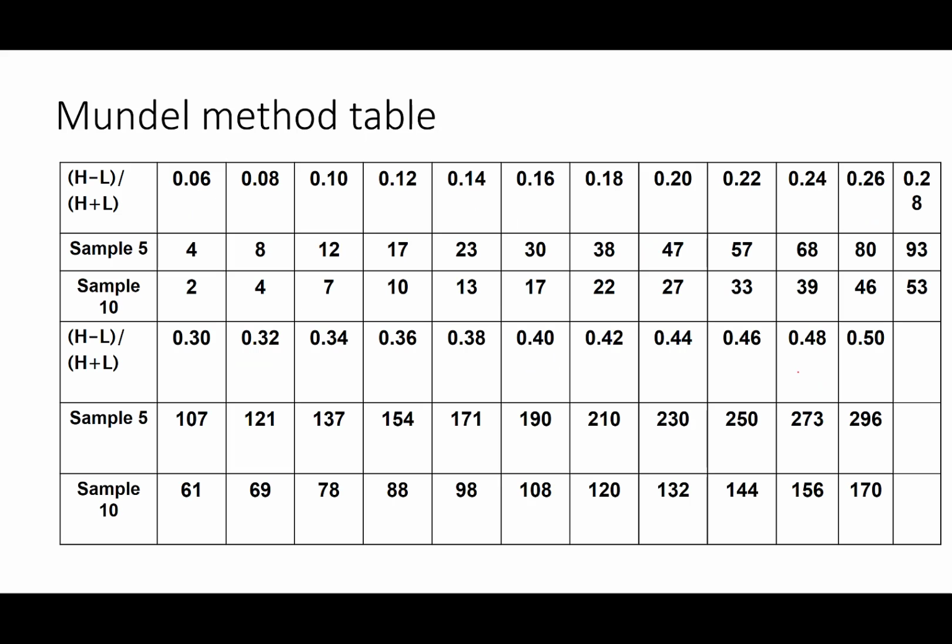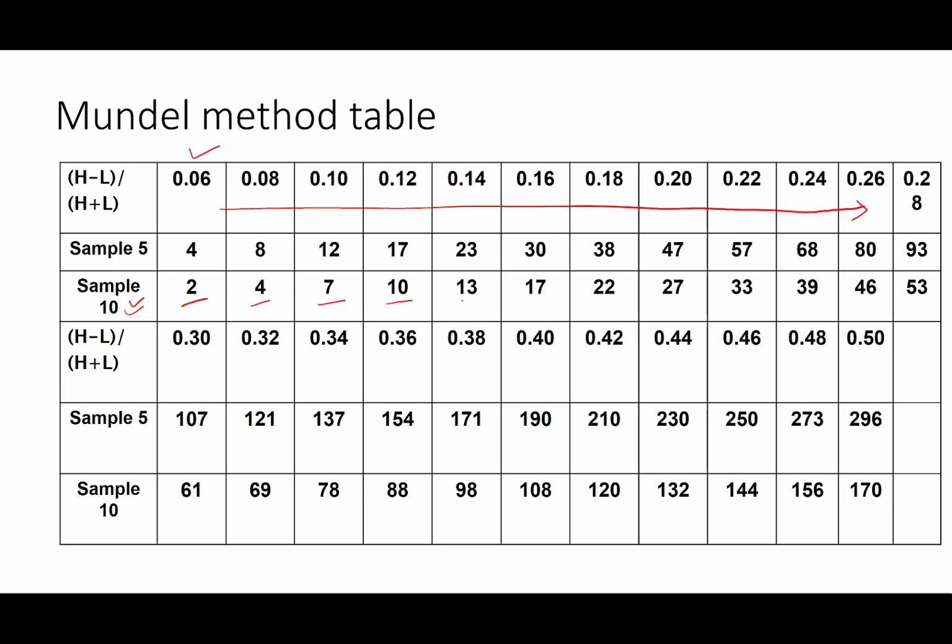Here this table shows the values of the various ratios, (H minus L) divided by (H plus L), for 0.06, 0.08, and so on. If the cycle time is less than 2 minutes, then we have to use the sample of 10, and accordingly the number of observations is say 2, 4.